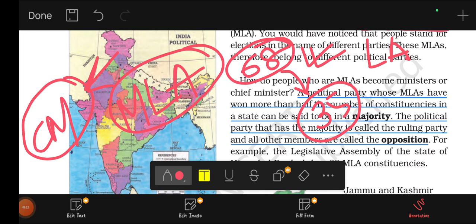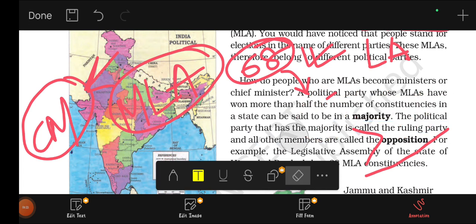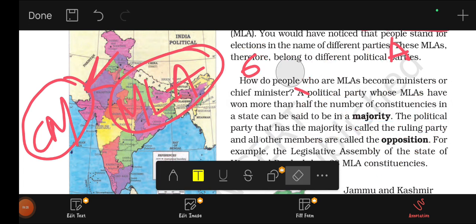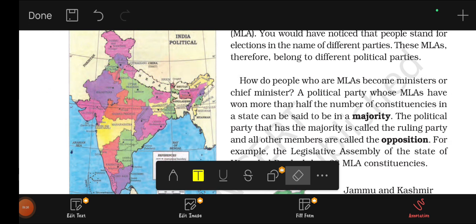And if they have 35 or greater than 35, then this is called the majoritarian party, and they are now able to form the government.